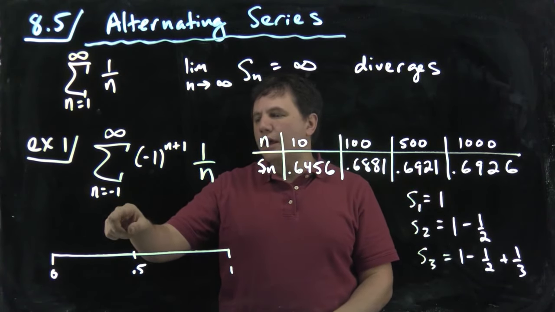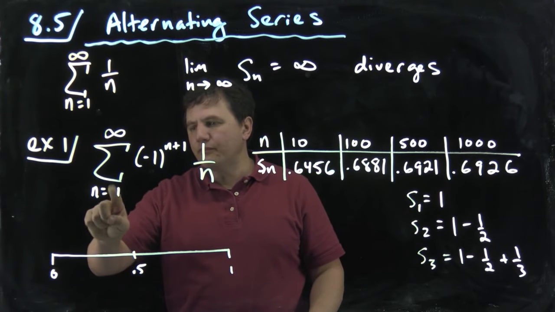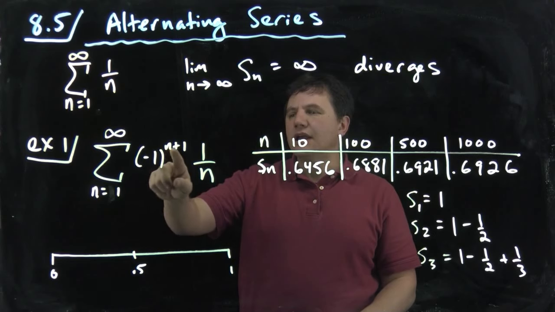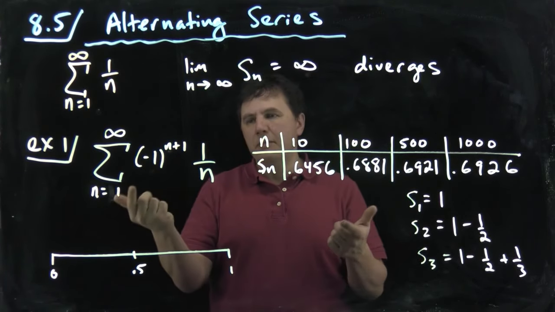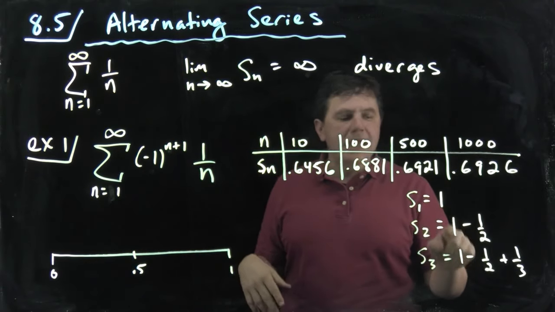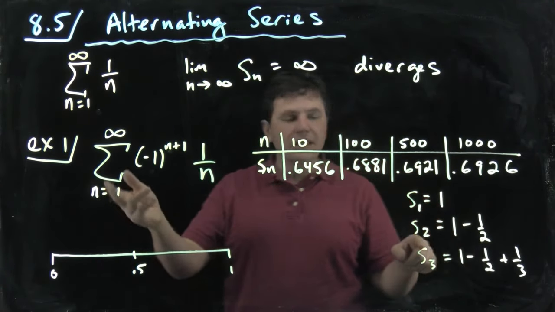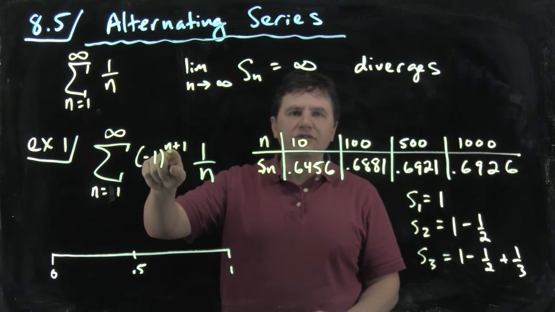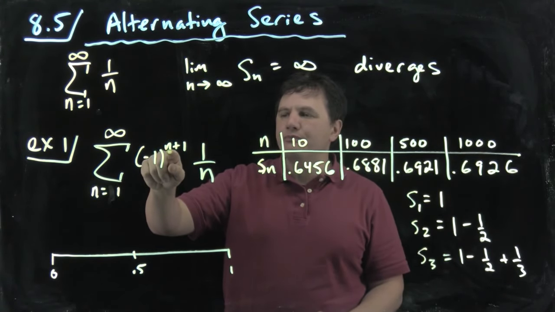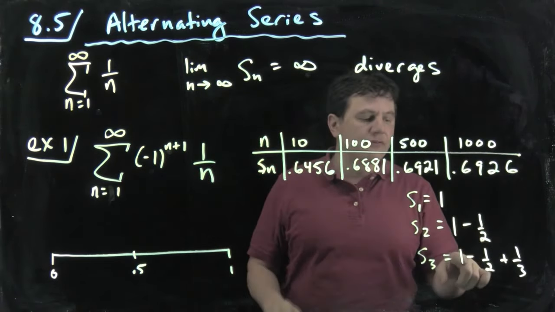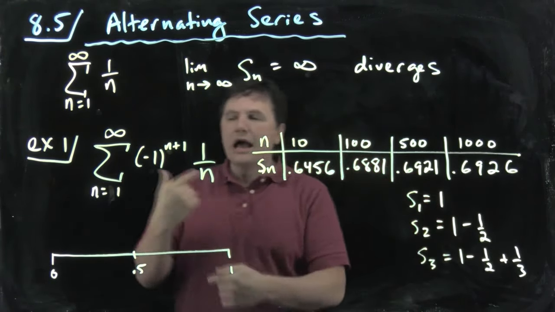If I plug 1 into this, I'm going to get -1 to the second power, so that's going to be positive, and then 1 over 1 is 1, okay? And then on the next term, I have my positive 1, I plug 2 into that, well now that's raised to an odd power, so we're going to get a -1/2. And that's just going to keep going on and on like this.